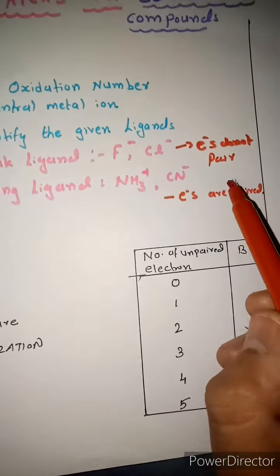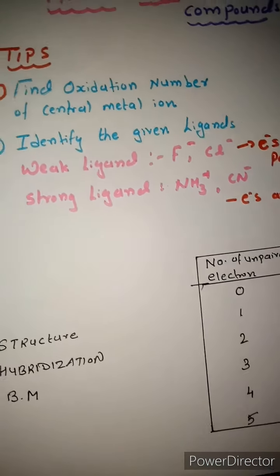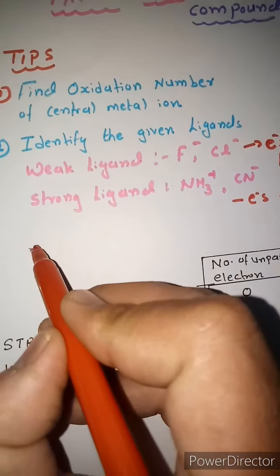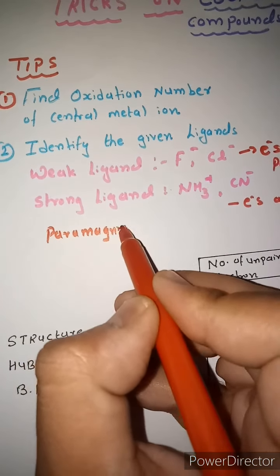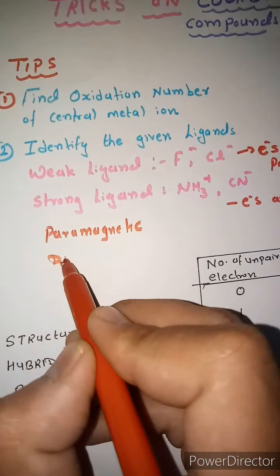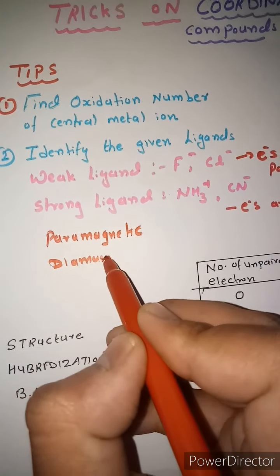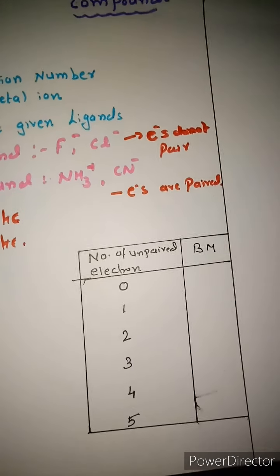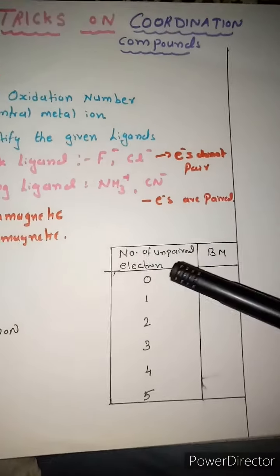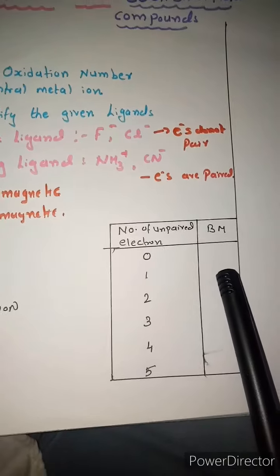That means through this we can identify whether the given compound is paramagnetic or diamagnetic in nature. Now here you can see the number of unpaired electrons and BM, which is the Bohr magneton.